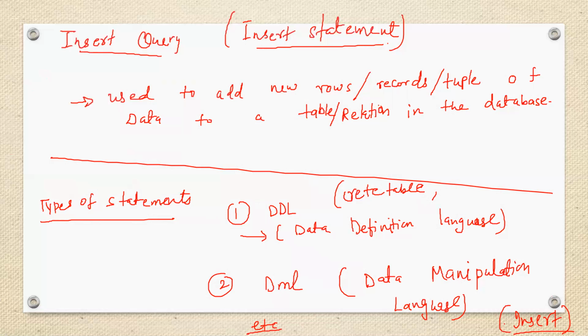Manipulation language means, the definition I understand, but manipulation is used to manipulate the existing data on a database. Okay. Data definition language is used to define or create. Yeah, I know that very well. Okay. Now the syntax of.